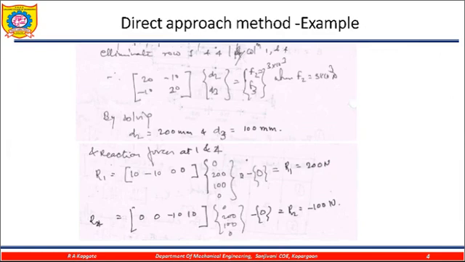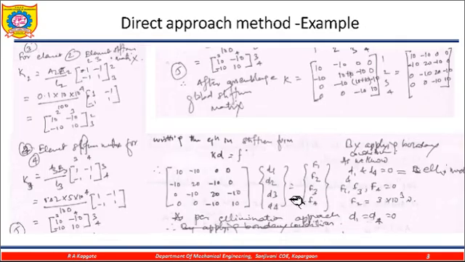Now you have seen that D1 and D4 are equal to 0, and F1 and F4 are also 0. When we use the elimination approach, that is when we apply the boundary conditions. So D1 is equal to 0 and D4 is equal to 0.